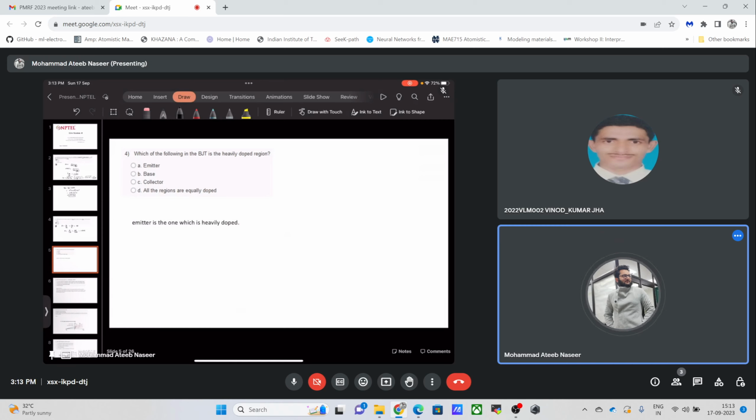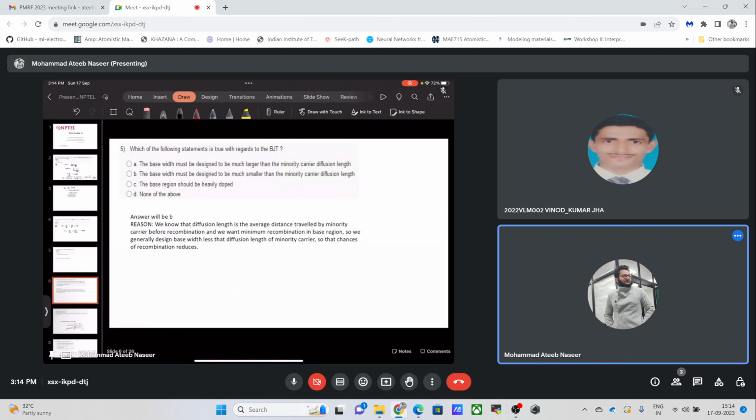And as we all know, the emitter is the heavily doped region, because all the carriers are coming from the emitter, so it should have high carrier concentration in order to supply that much amount of carriers. So this can be one simple reasoning for this. The emitter of this BJT is heavily doped.